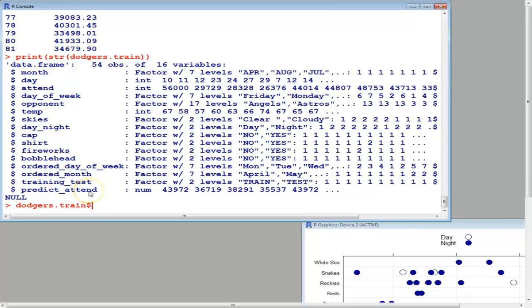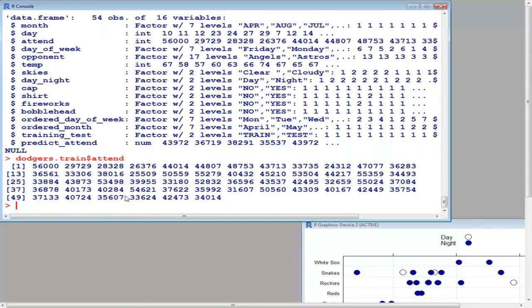Why is it predict attend? What happened to our attend? Oh, here it is. Attend. Okay, so let's do attend, A-T-T-E-N-D. What's that? This is our attendance in our training set, right?